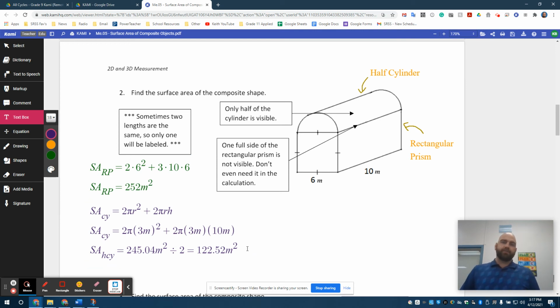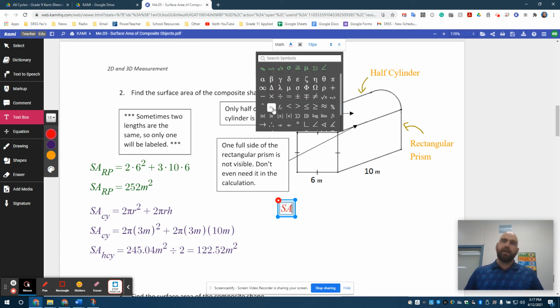I've made that correction. Now, we found the rectangular prism without the missing side on the bottom. We found the half cylinder, which doesn't have that missing side because, well, we just didn't add it in. Okay, so all we need to do now is add these two together to come up with our final answer. So I'm going to use, again, a little bit of subscript hand here. And I'm going to say T for total.